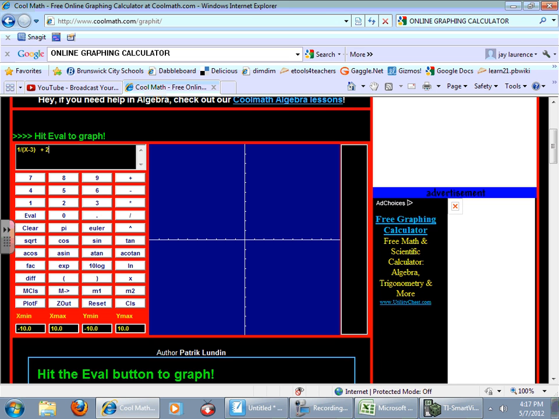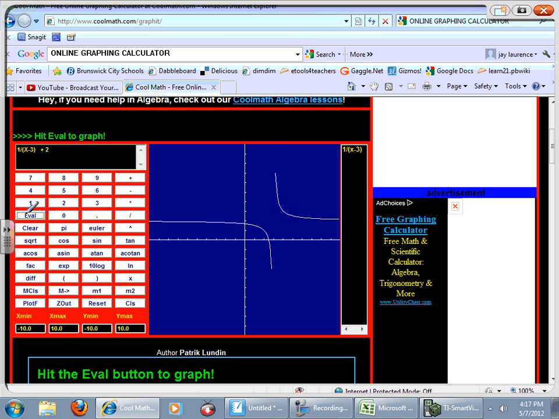I'm going to add 2. And that should do it for me. I should be able to get the picture I want. It should not misinterpret what I'm telling it. And there you go. That looks pretty much like the same thing. There's my asymptote at x is 3. And that's it.